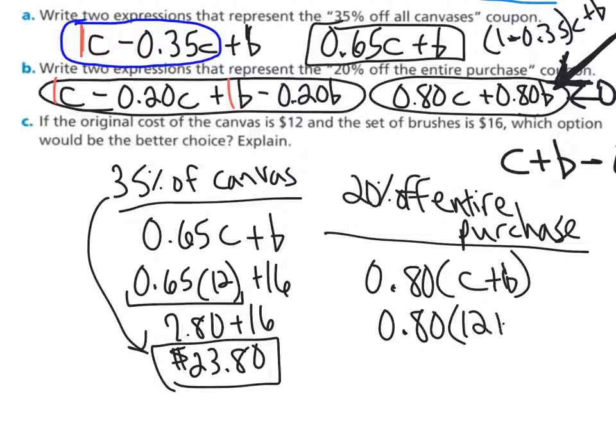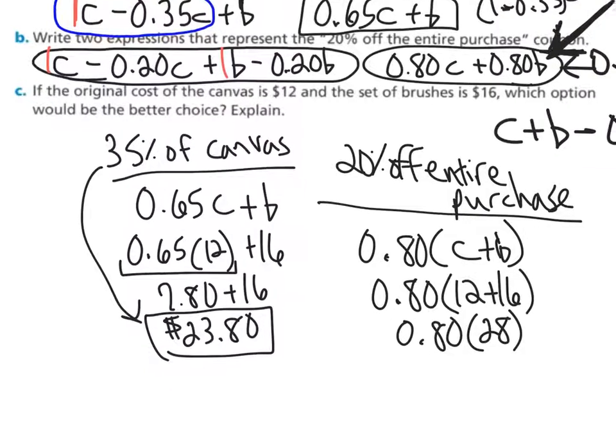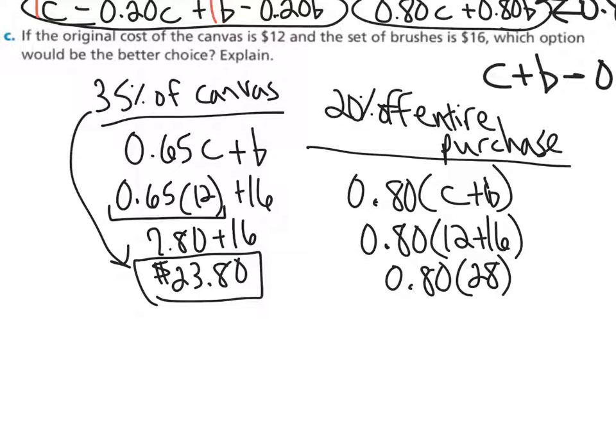So 12 and 16, you could actually add those together if you want, because we know those are both numbers. We don't have to distribute it. And then if you multiply that out, it is $22.40.